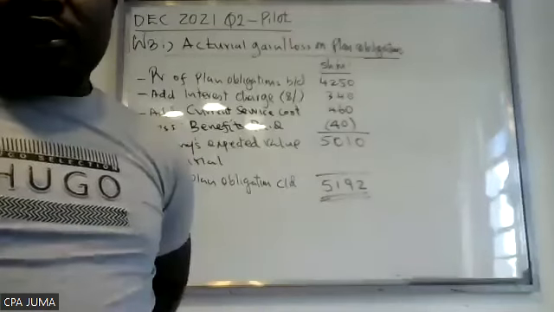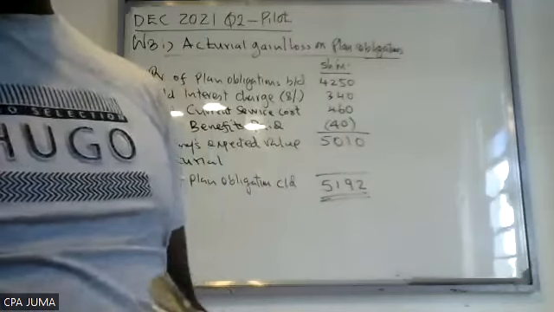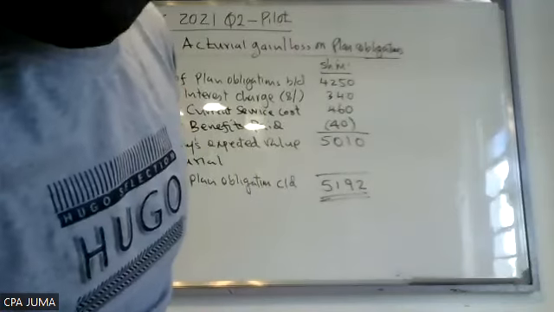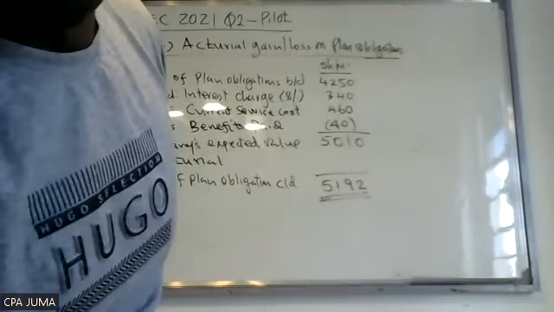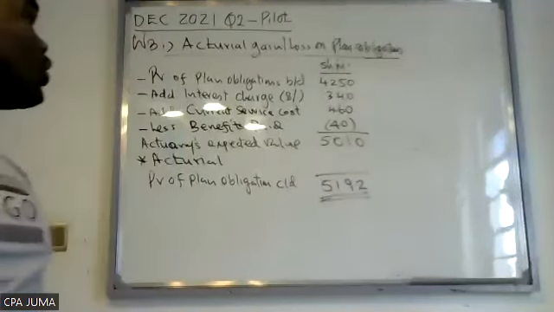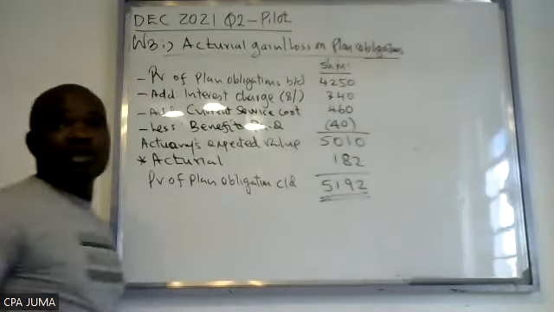Well, people are differing here. Gain 182. Loss of 182. So what I know now, 182 is the answer, but now which is which?